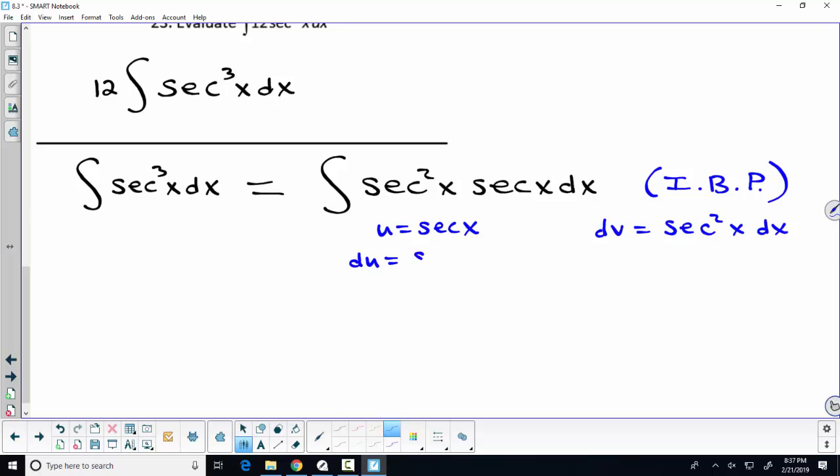Derivative of secant is secant tangent. And the antiderivative of secant squared is what? Yeah, tangent. Derivative of tangent, secant squared.